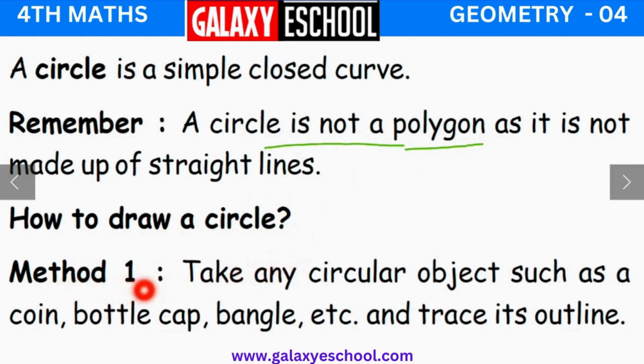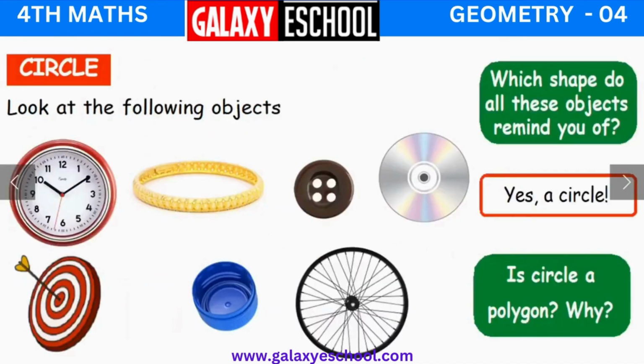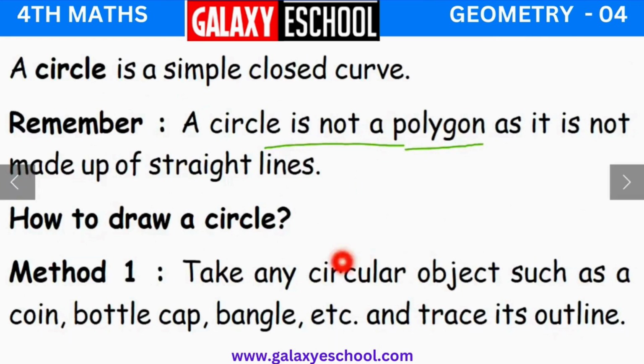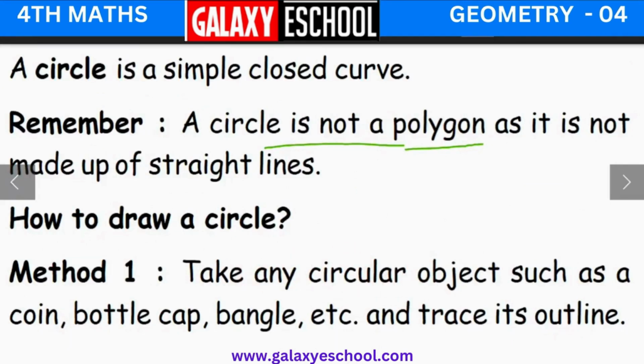The first method is the one we normally use. Take any circular object such as a coin, bottle cap, bangle, etc. These are the different circular objects that we find in our homes. In the first method, we take any of these circular objects and with the help of that trace its outline.